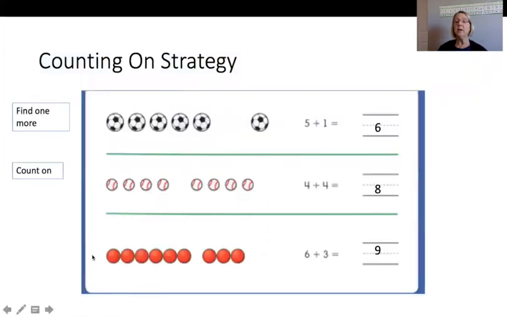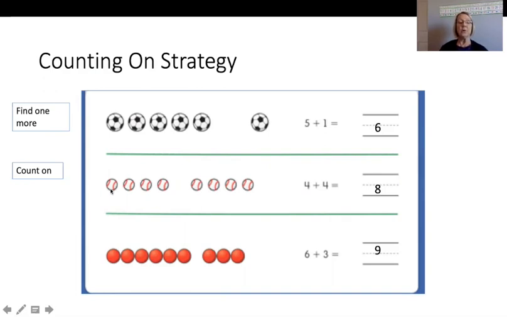All right, here is the count on strategy as well. The first one is to find 1 more. We know that we have 5 soccer balls, so in our head we can say 5, and then we can add on 1 more, and we have 6. Here is another count on strategy.